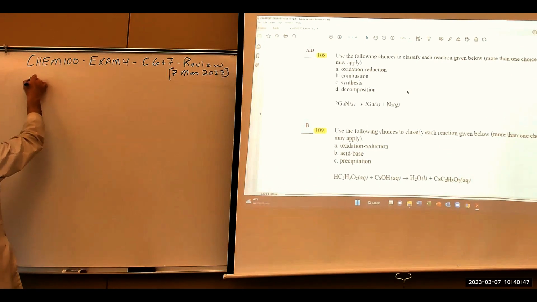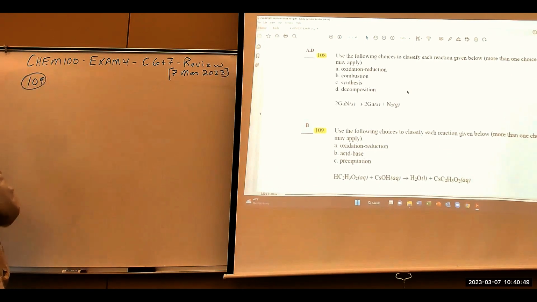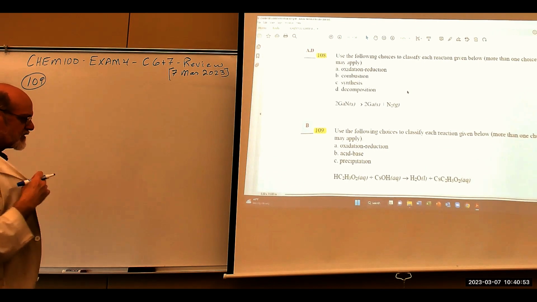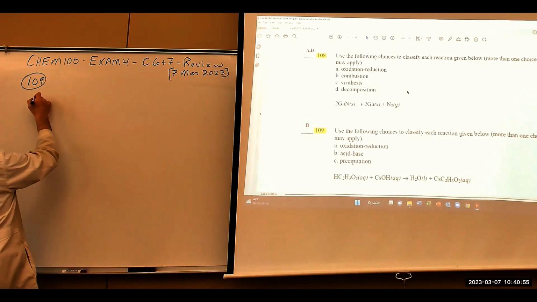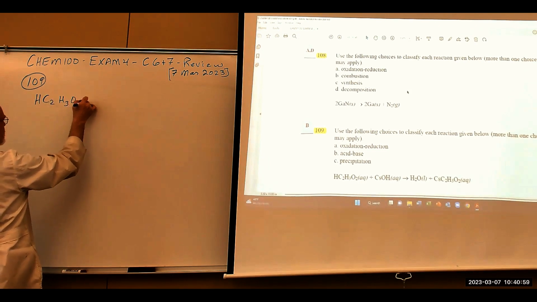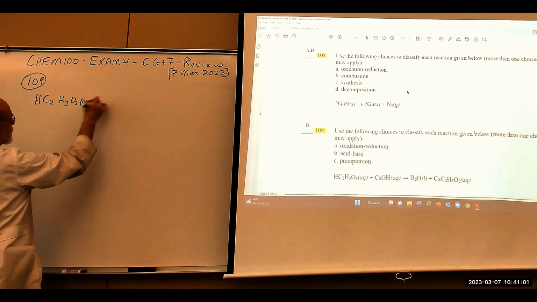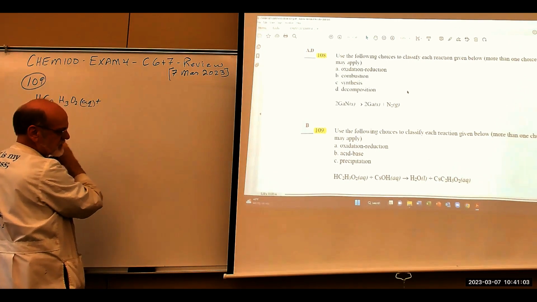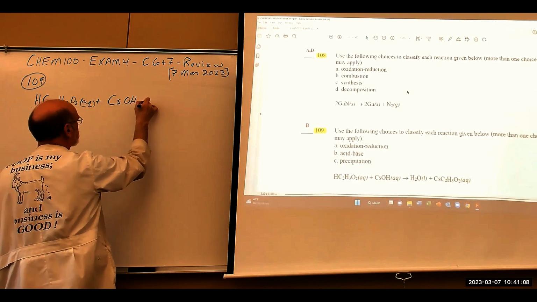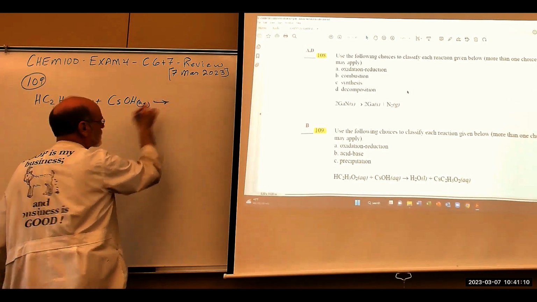109. Let's see. HC2H3O2 in aqueous solution, and then cesium hydroxide in aqueous solution yields what?